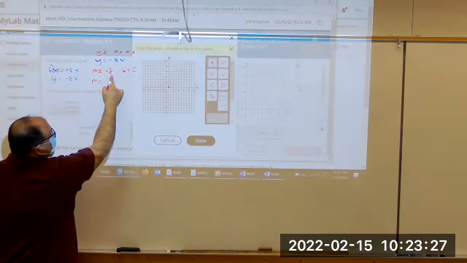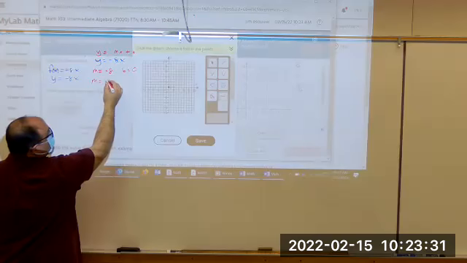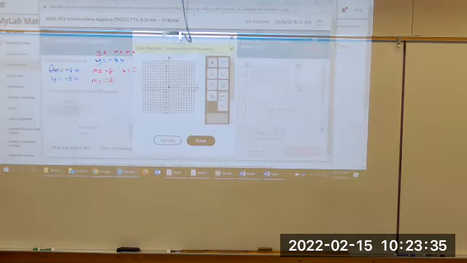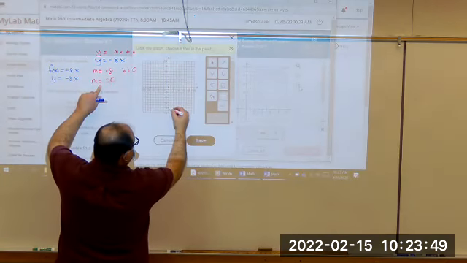How can I convert negative 8 into a fraction? Negative 8 over a positive 1. I need to know up or down, and then left and right. I need rise and run. If it's a whole number, I can make it over 1. So that means I'm going to go down 8 and to the right 1.